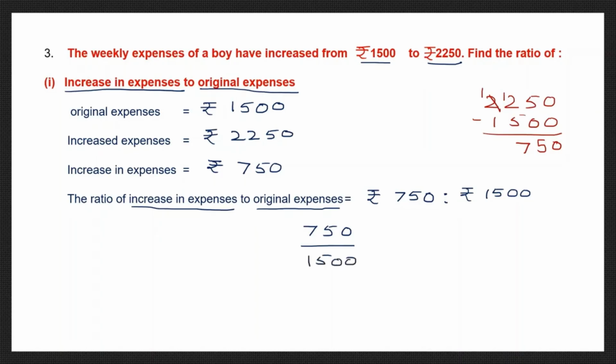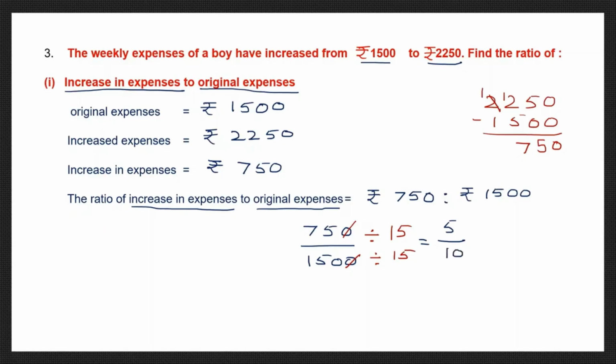Then we have to reduce it to the lowest term. Now divide both by a common factor. Can we think of 15 itself? Let's divide both by 15. So here we get 15 5s are 75 and 15 10s are 150.